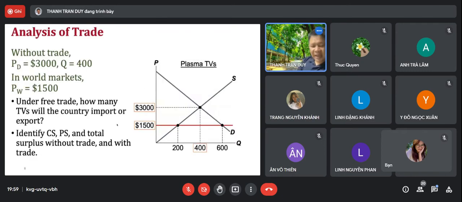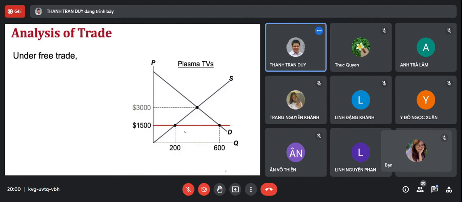Next, in the case that the world price is lower than our local price, should we import or not? Now, if we have free trade, then what is consumer surplus? We consume 600, right?